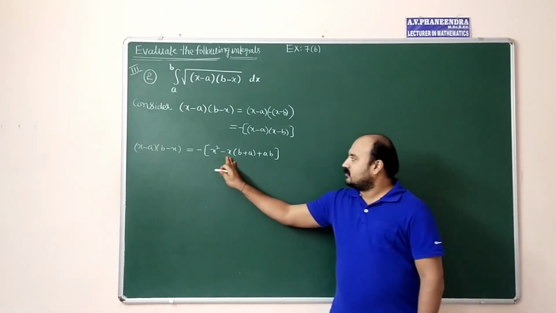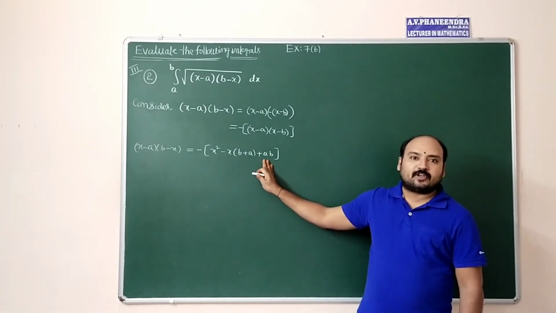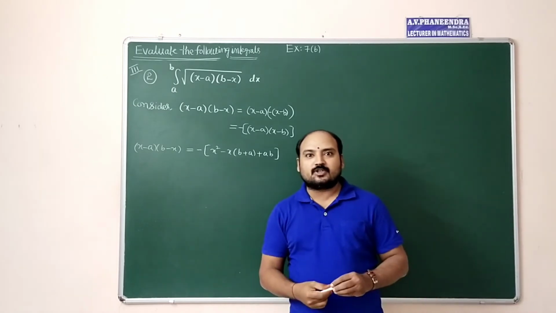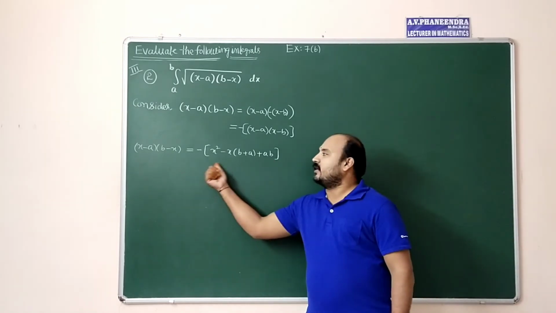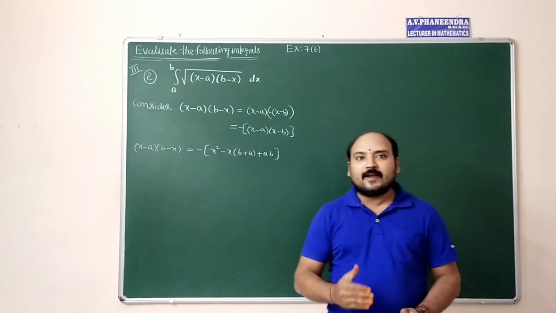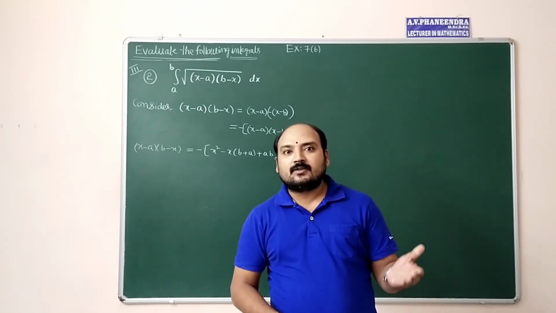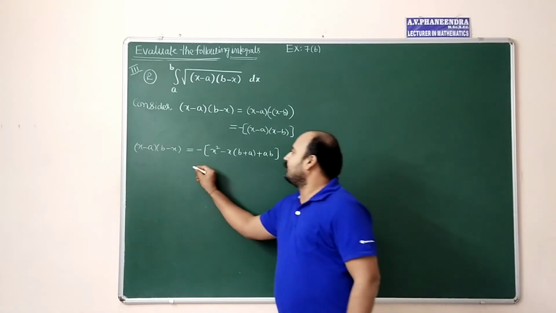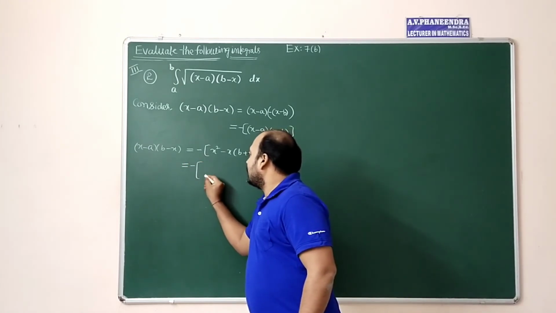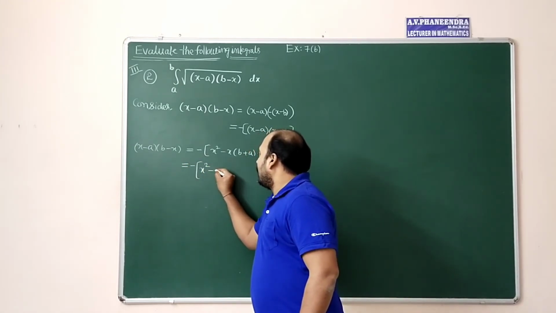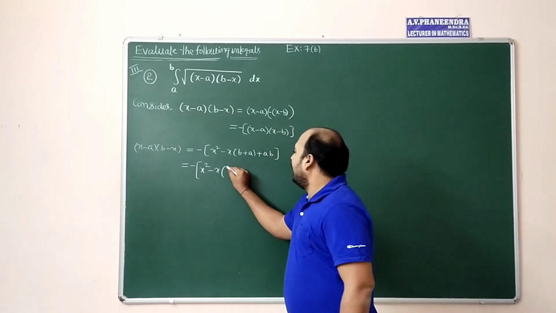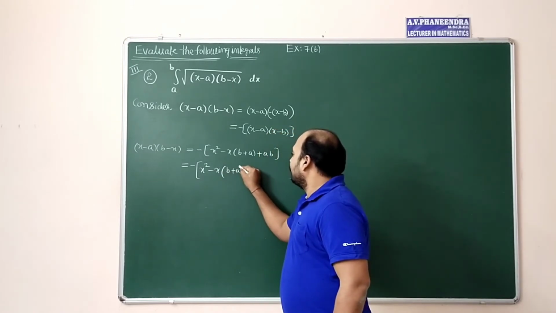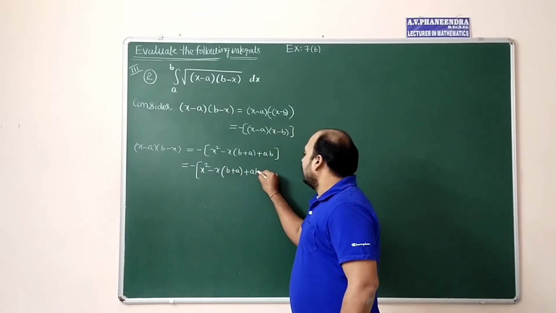Now this we have to make into a perfect square. What is the procedure to make the perfect square? By adding and subtracting half of the x coefficient square, which is equal to minus of x square minus x into (b plus a) plus ab.